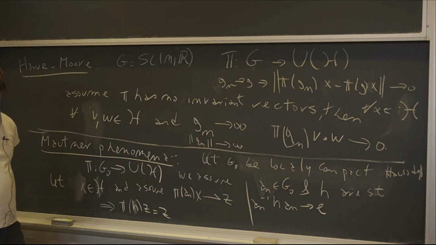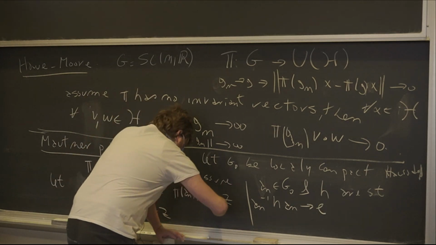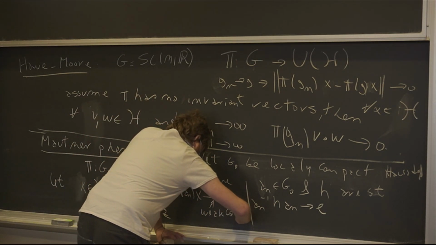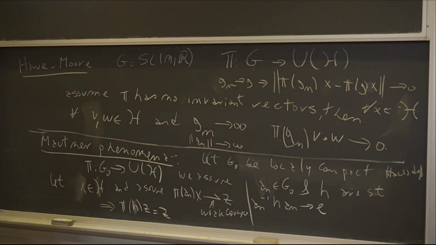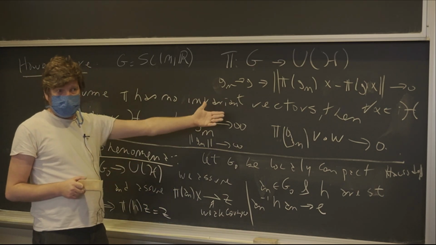So z is invariant for the H group. This is weak convergence, which is pretty much this type of convergence. And this is really the core of Howe-Moore, plus of course you have to do a lot of things because you start getting some invariance for the limiting vector.